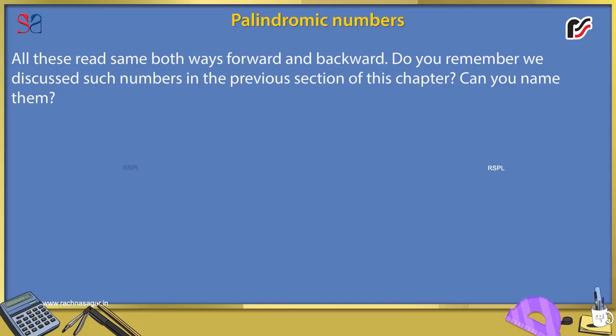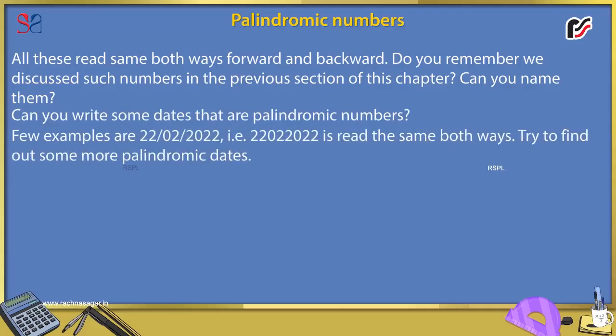Do you remember we discussed such numbers in the previous section of this chapter? Can you name them? Can you write some dates that are palindromic numbers? A few examples are 22/02/2022, that is 22-02-2022, which is read the same both ways.